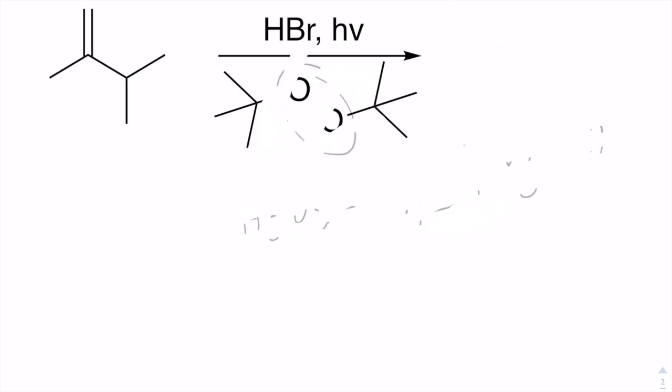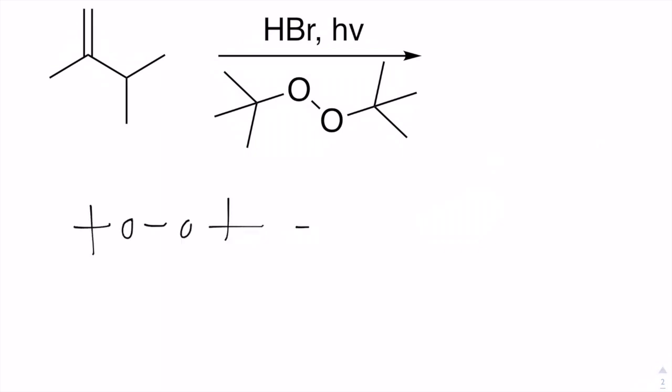Okay, so let's just show that mechanistic step. We have this peroxy compound over here, and we're subjecting it to light, so we should expect homolytic cleavage of that bond to observe 2 peroxide radicals.